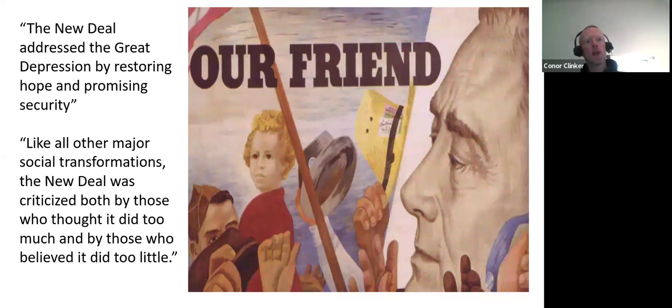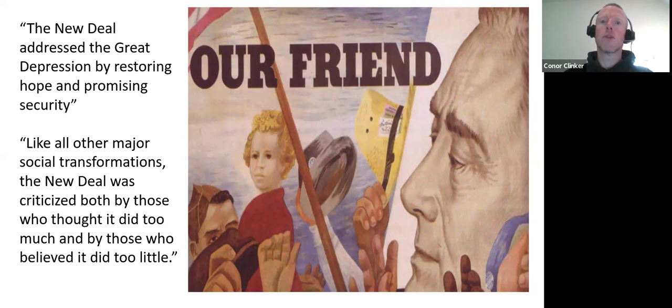Last thing in this unit, the New Deal addressed the Great Depression by restoring hope and promising security. It's a really, really good quote. First of all, look at this mural. This mural would have been, in all likelihood, painted on the side of a building, probably by a government worker.